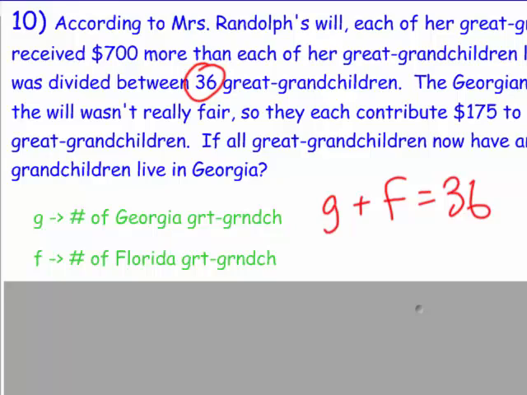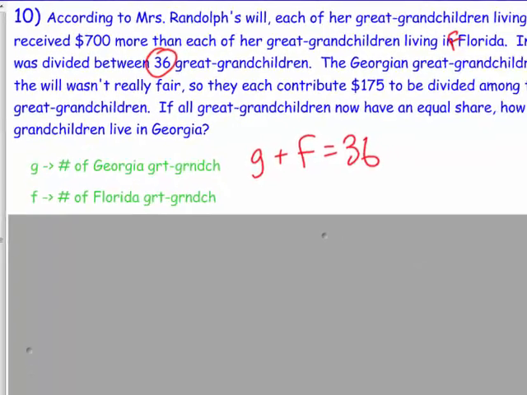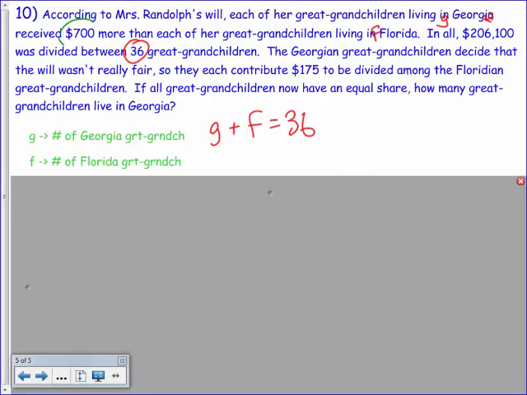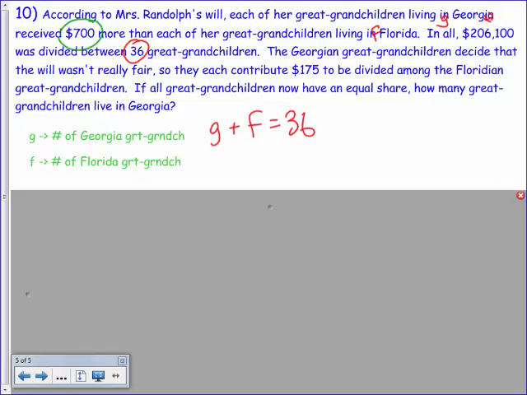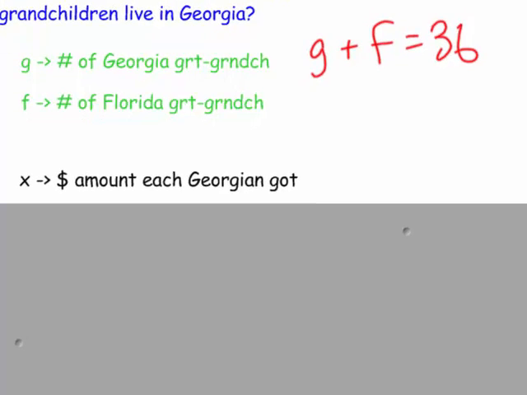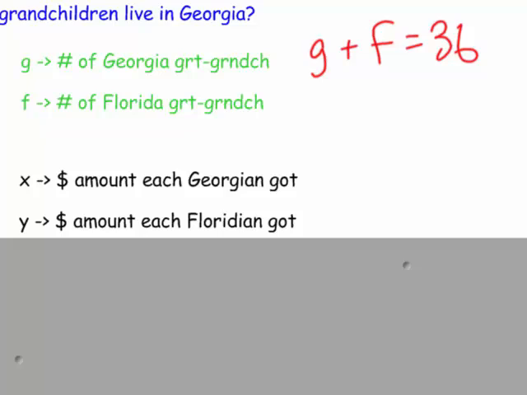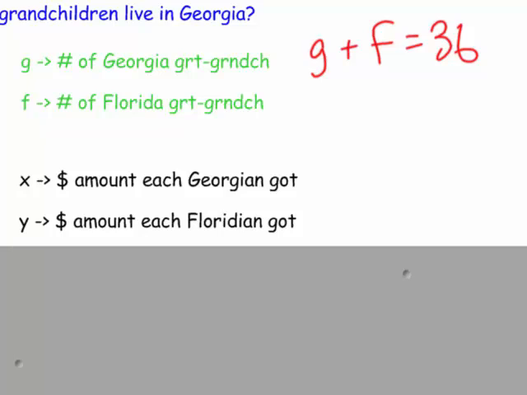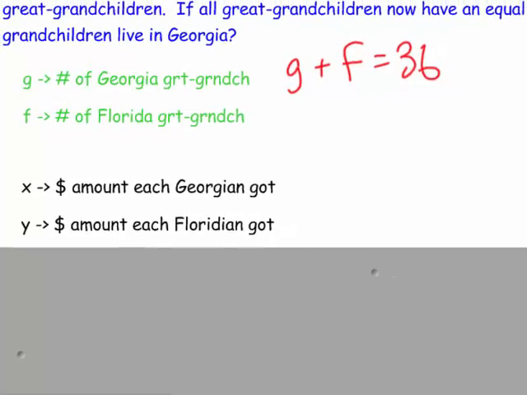Okay, well, what else do we know? We know that the Georgia great-grandchildren got $700 more than the Florida great-grandchildren. Well, let's bring in that dollar amount. So I could have a variable for the amount of money each Georgia great-grandchild got. So let's use X for that. The dollar amount that each Georgian got. And I could use Y for the amount that each Florida great-grandchild got, each Floridian.